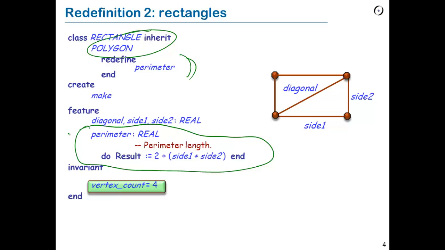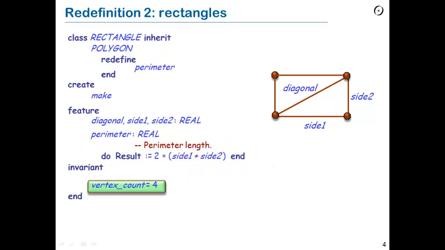And rectangle has features diagonal, side 1 and side 2. So to compute the perimeter, it suffices to compute, as shown here, twice side 1 plus side 2. It's going to yield in principle the same result, but it's definitely faster than going around, since we just do an addition and a multiplication by 2.